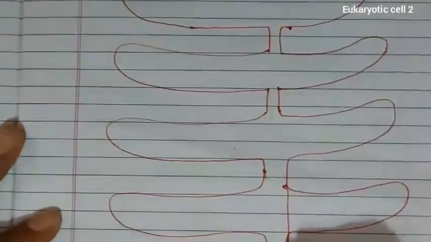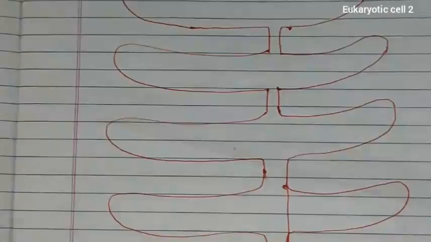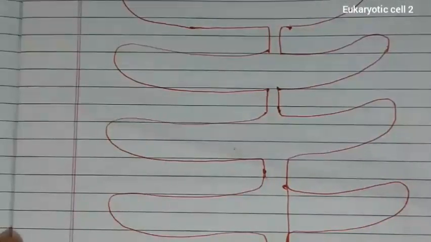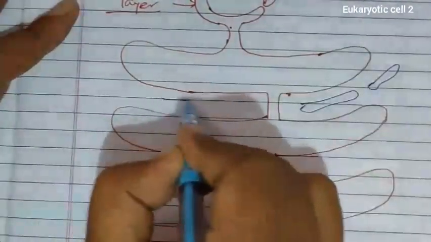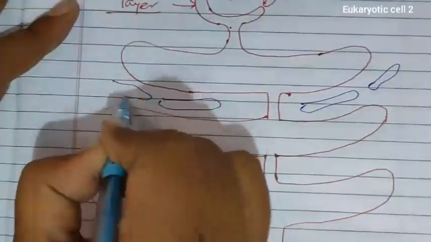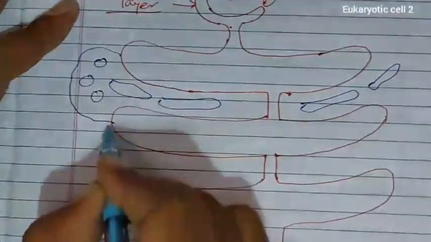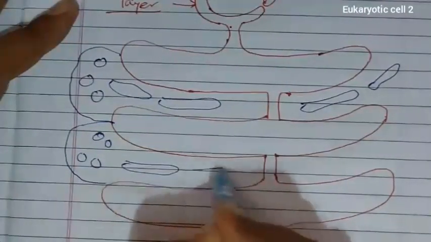Now apart from this, they have some tubule-like structure, and in cross section you find here some of the tubules like this.